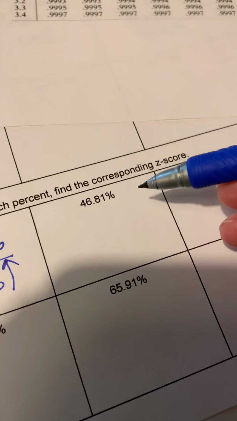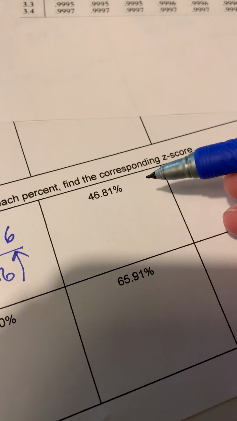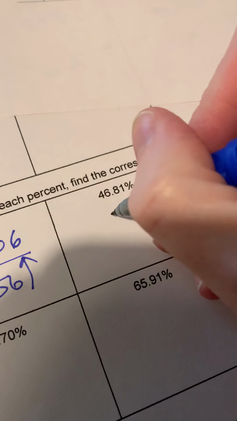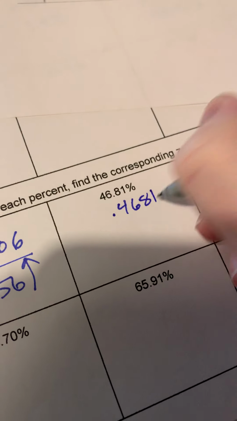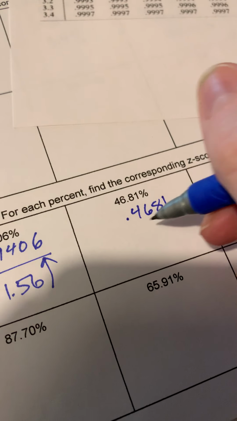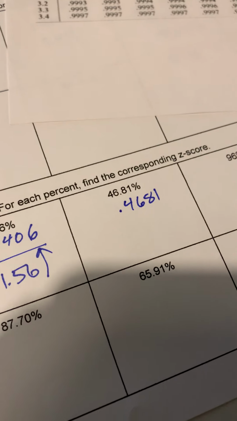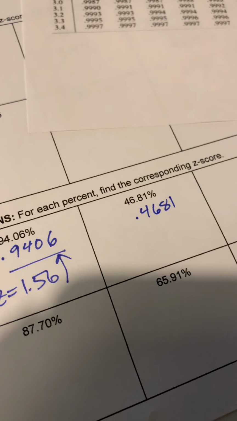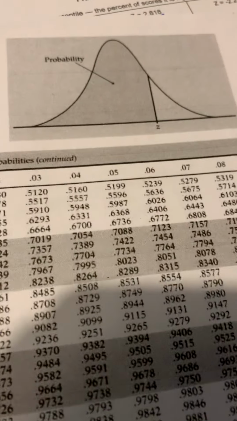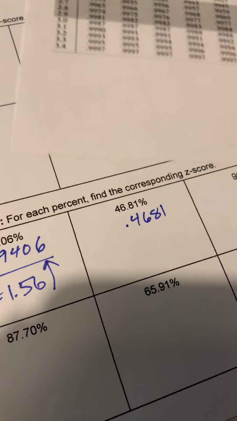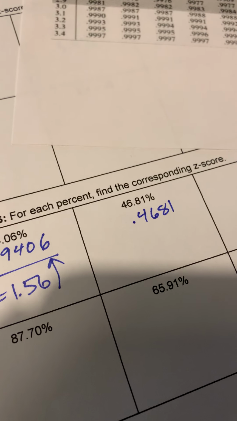Here I have a percent of 46.81. So converting it into a decimal will be 0.4681. And I noticed that it's a small number, 0.46. On the standardized normal distribution, that's the curve that looks like this. On that, the mean is 0.